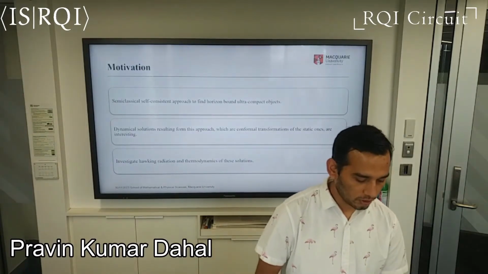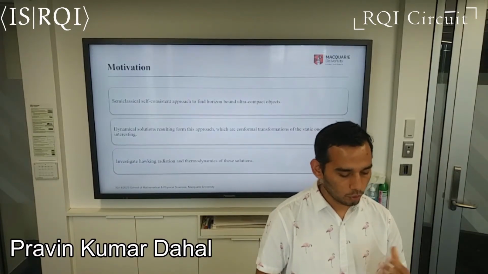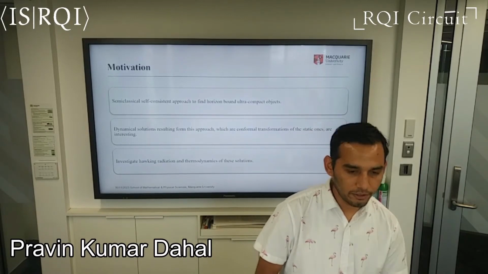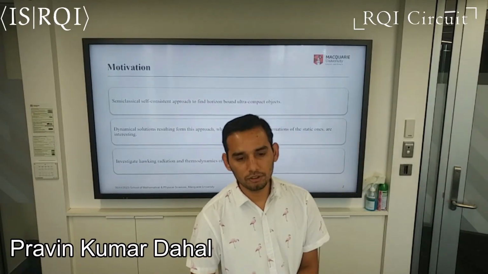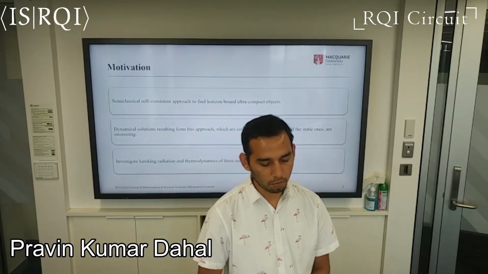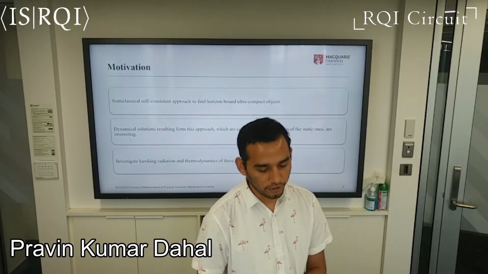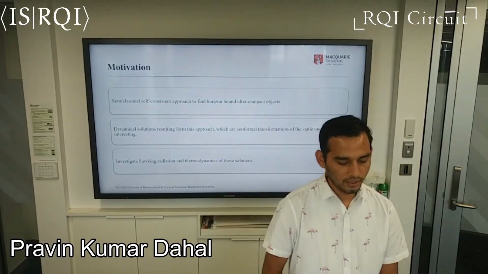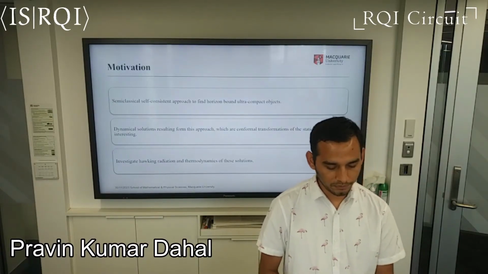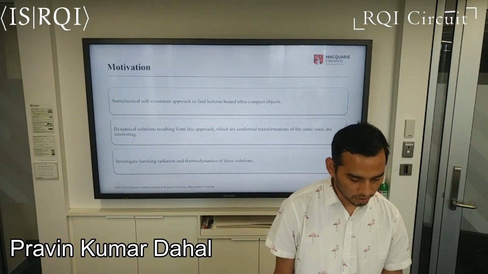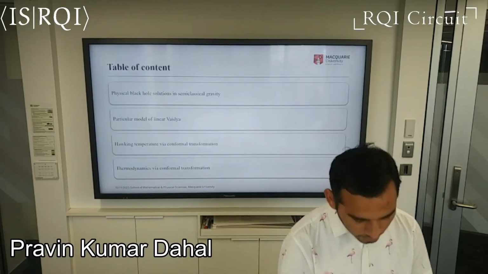We first discuss that, and after obtaining some of the solutions in semi-classical gravity, we try to find whether there are non-trivial dynamical solutions which are relevant, or popular in the literature. Indeed there are, and for a particular solution of specific interest we try to investigate Hawking radiation and thermodynamics.